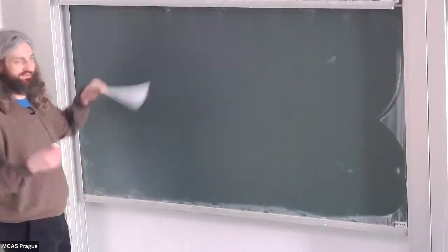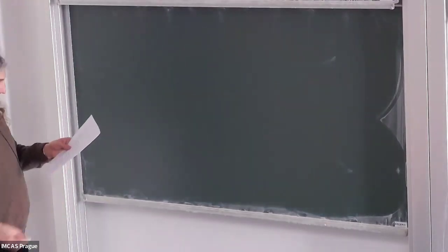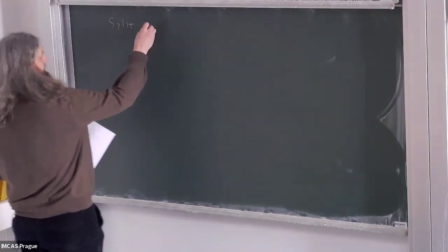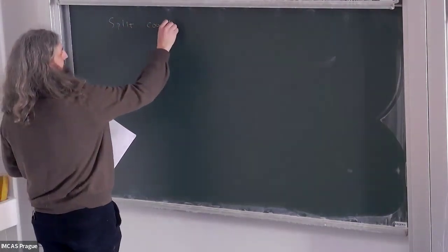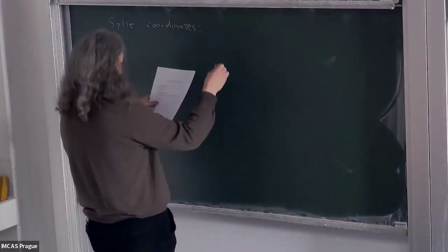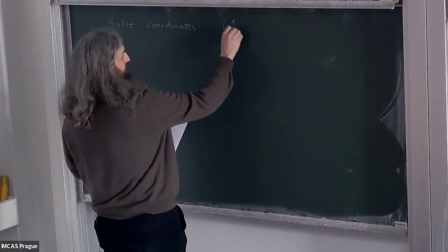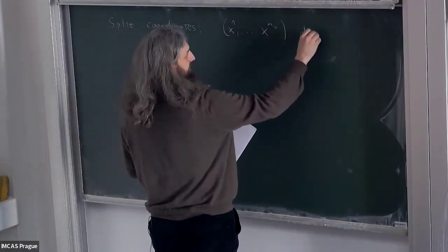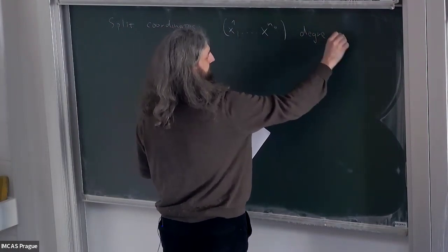More precisely, but still not completely precisely, you can split the coordinates into two parts. First, you can consider some degree 0 coordinates.